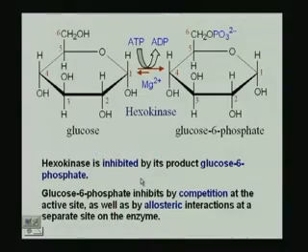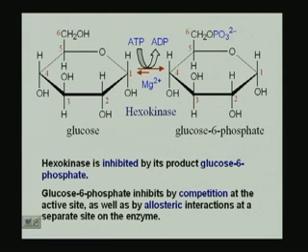But if glucose 6-phosphate actually inhibits hexokinase, then it will either inhibit by sitting at the active site itself, or it could inhibit at another position where it could affect the active site so that the substrate cannot bind. So, once the substrate cannot bind, it means that the enzyme is inhibited.